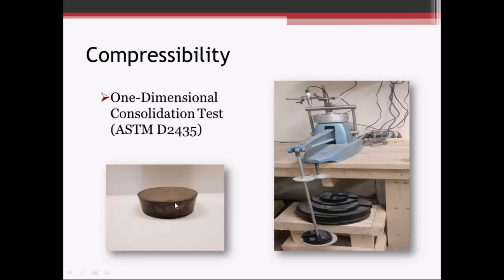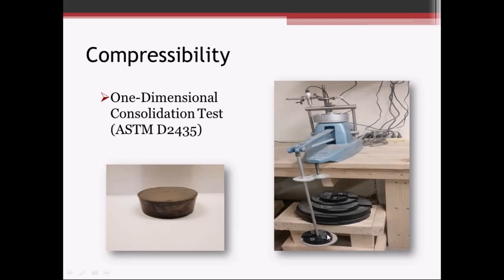But for this test, the cohesive soil is placed in a 2.5-inch diameter by 3/4-inch high consolidation ring. The sample is placed in the consolidometer and loaded in several increments, where the time and deflection are recorded to develop a consolidation curve.